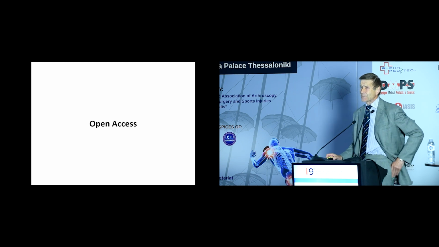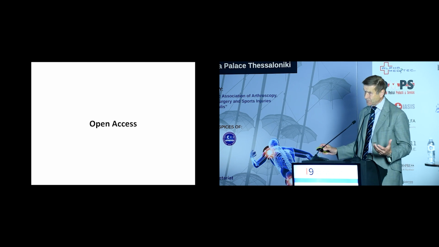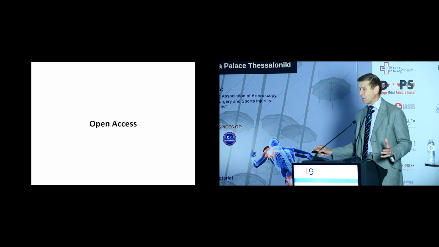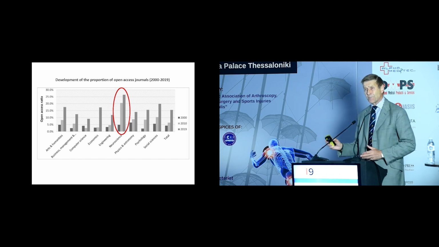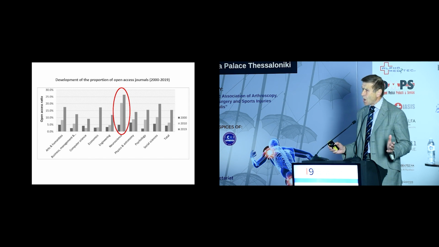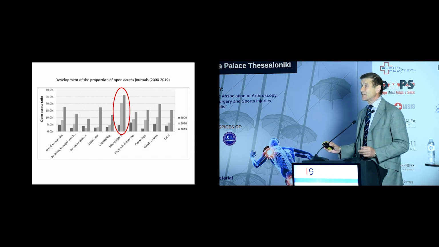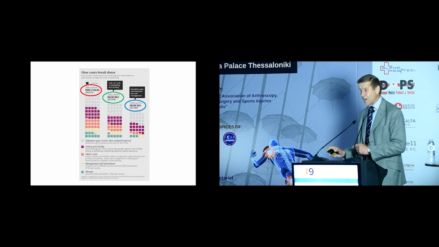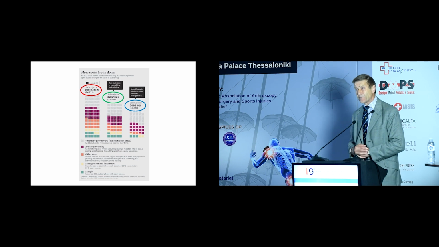Then there's open access. By that, I mean that we as readers do not have to pay. We can go online anywhere in the world. We can get the information we need. Now, as scientists, and I'm simply looking at neuroscientists here, the open access is increasing enormously. The pandemic has almost doubled it beyond the figures I show you there. And open access is good because it's much cheaper, okay?